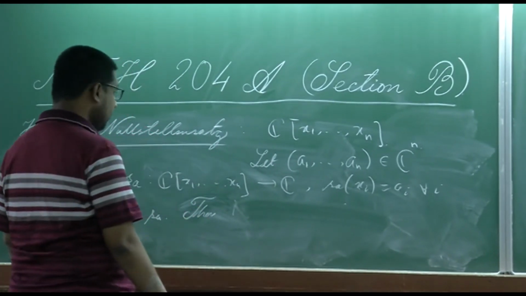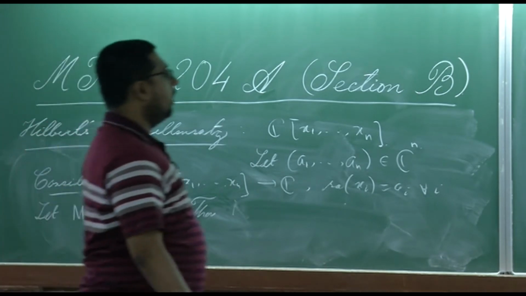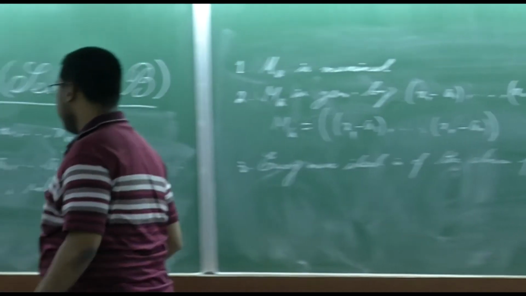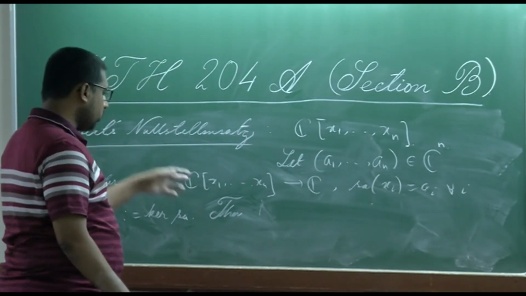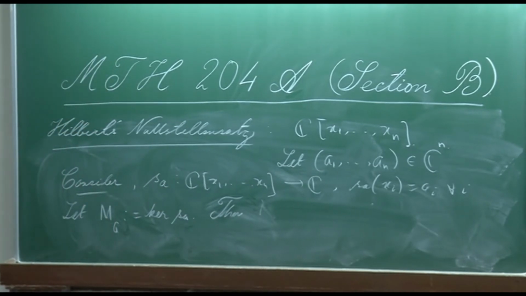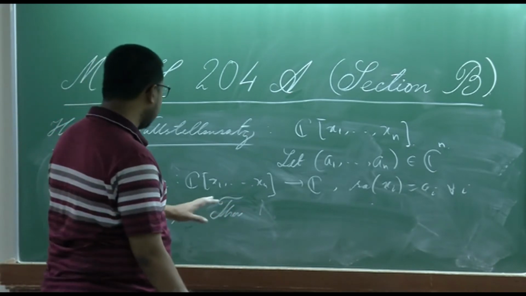So what do I have to show? First, you have to show that M_a is maximal. What is M_a? It is the kernel of this map. Now you see that, first of all, the kernel cannot be trivial.